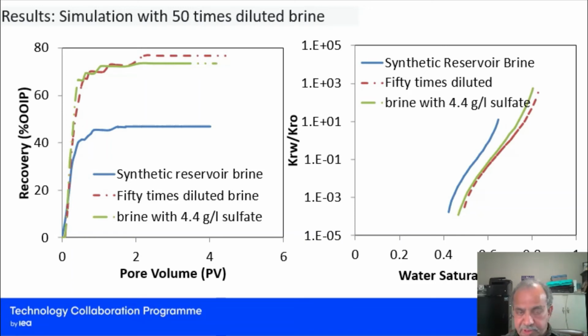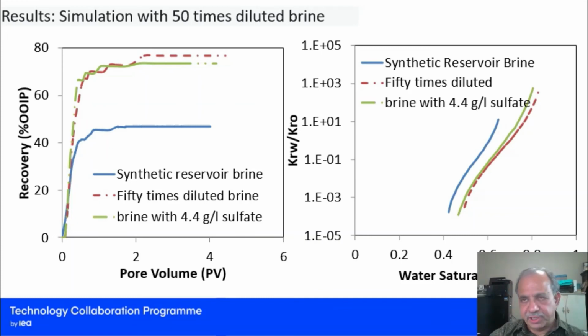And the relative permeability curves are actually plotted here as the ratio of KRW to KRO, because the shift to the right indicates a definite shift in wettability towards intermediate wet, from a water wet situation. And by the contact angles, we can precisely say that the shift was towards intermediate wettability.